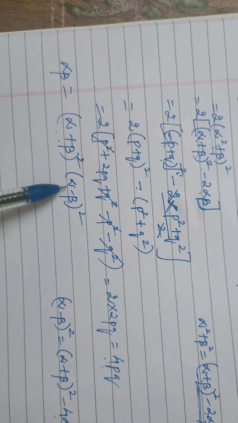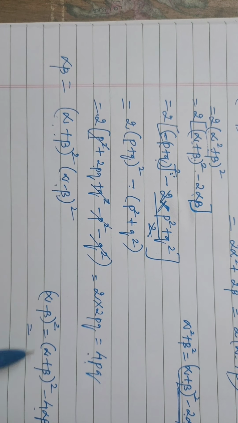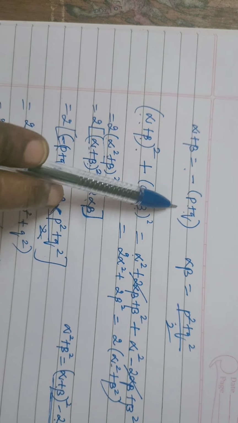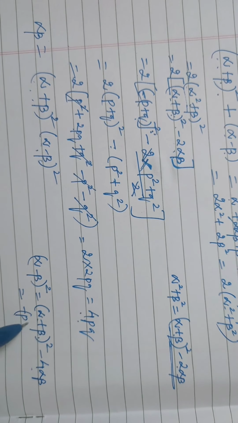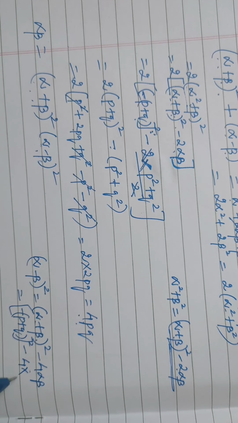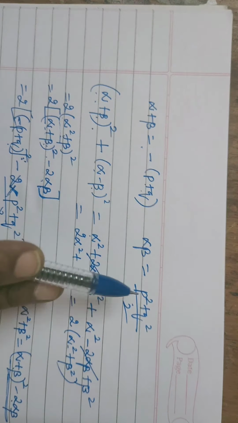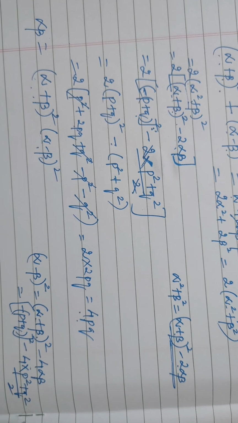Okay, so firstly we will solve this one here. In this place, alpha plus beta the square is what? Minus p plus q the square minus 4 into alpha beta, which is p square plus q square upon 2.